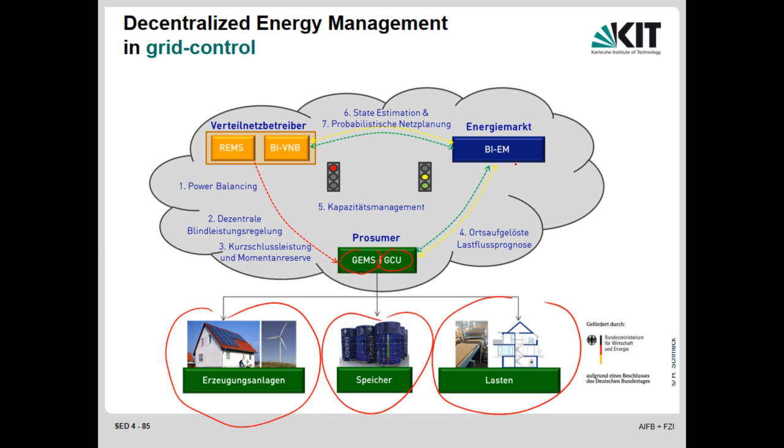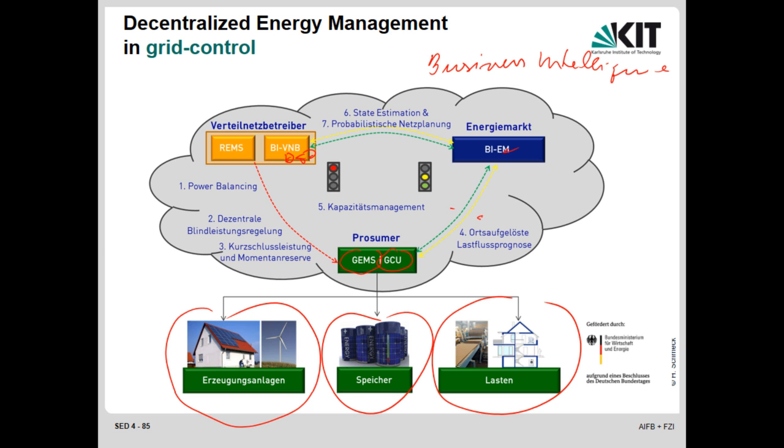In particular in the green and yellow phase, this is indicated by those two lines. We have the communication of the building energy management system with the BI, which stands for business intelligence, and the EM, energy management system, and that will communicate with the DSO, Verteilnetzbetreiber, also business intelligence in the green and yellow phases.